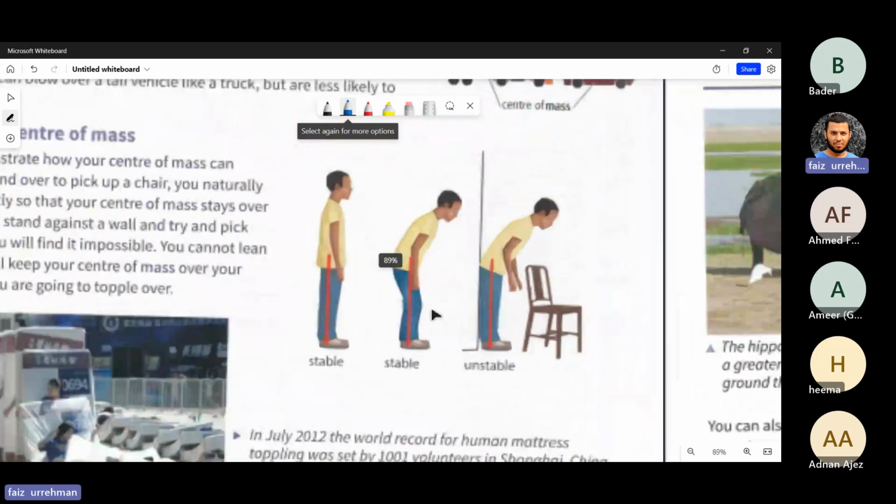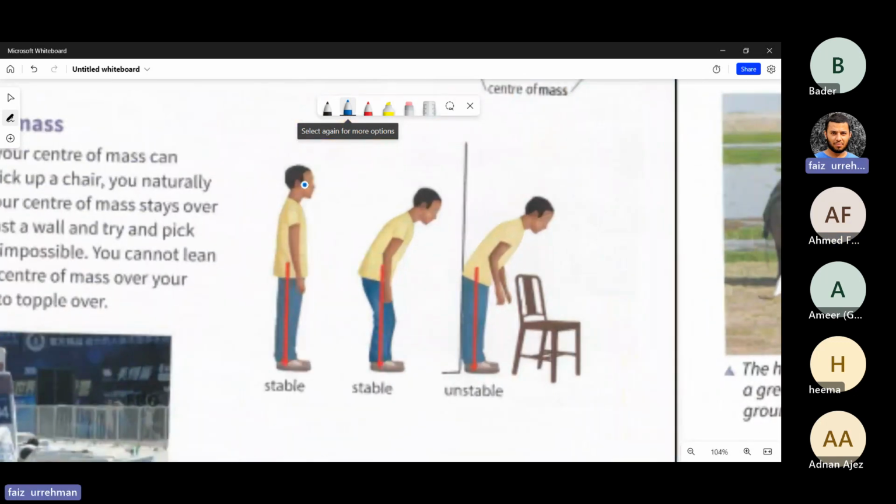Now look here. They have given three situations: a guy standing normally is stable. When he leans forward, he bends his knees also like this, so that he gets this mass a little bit on the left side, because this mass is on the right side, to keep the balance.